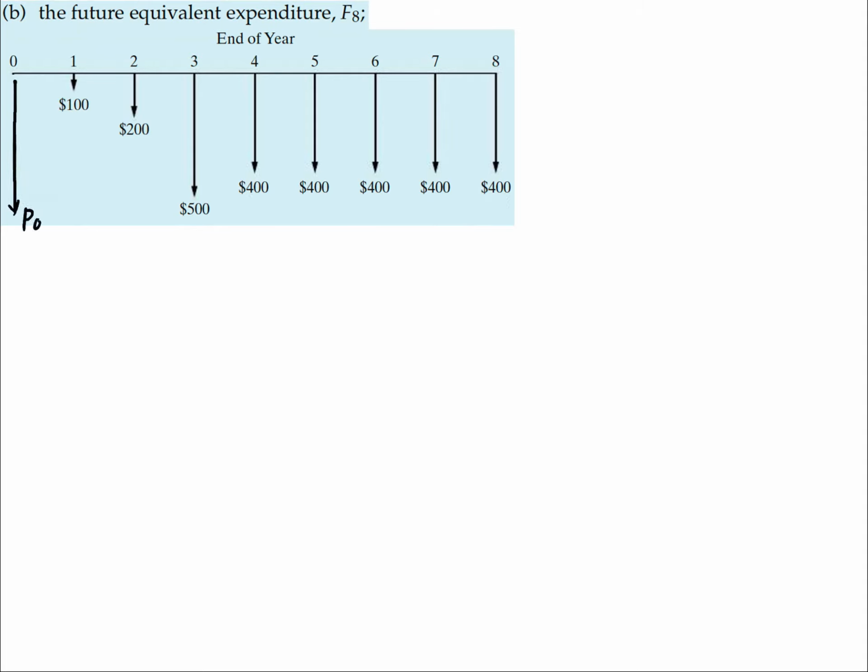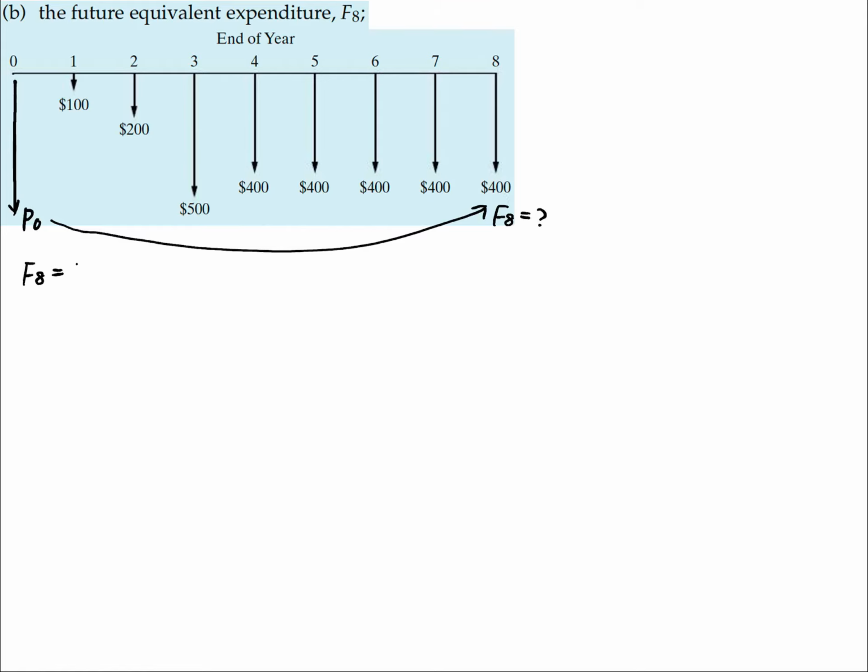So you only need to compound that P0 to some future time to find out what F8 is. P0 is something you already calculated in the first question. So now it's very easy.